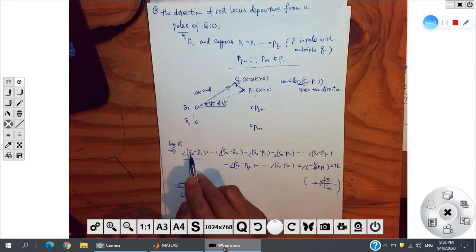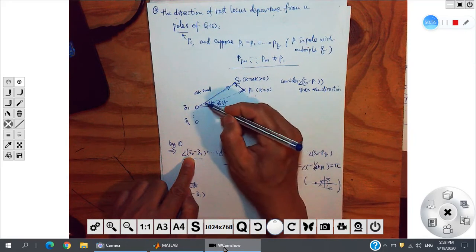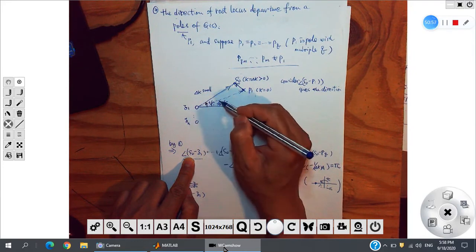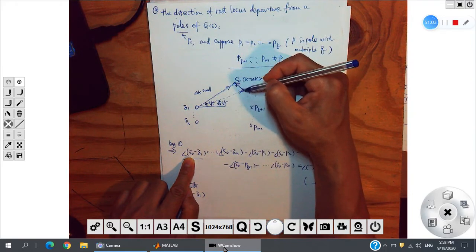The difference between these two angles is nothing, because it is very small. Make sense?